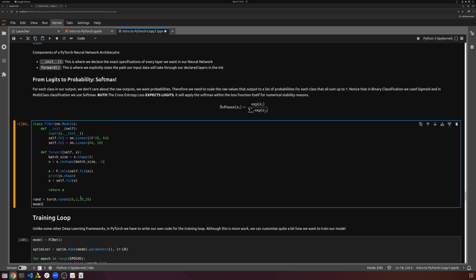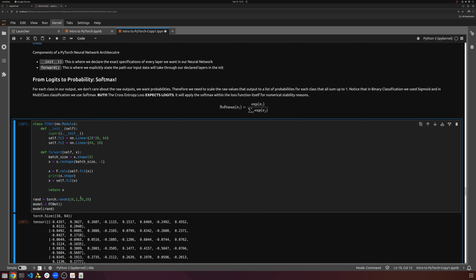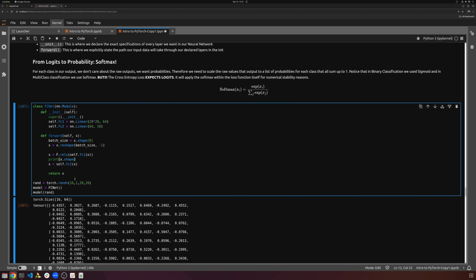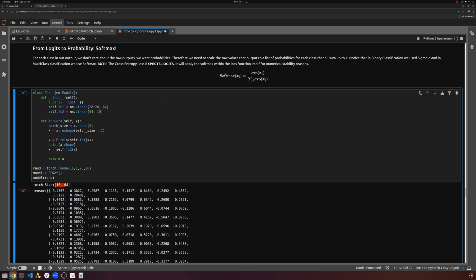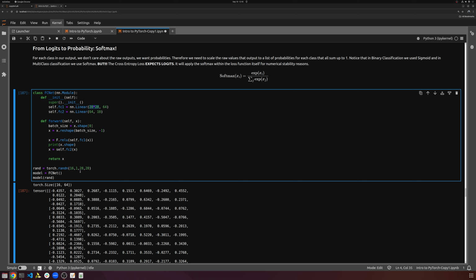And then model is equal to fc net, and then model of rand. If we look at x.shape, it's 16 by 64. We passed in 16 by 784, but now it's down to 64. And then the next layer will input 64 and output 10.